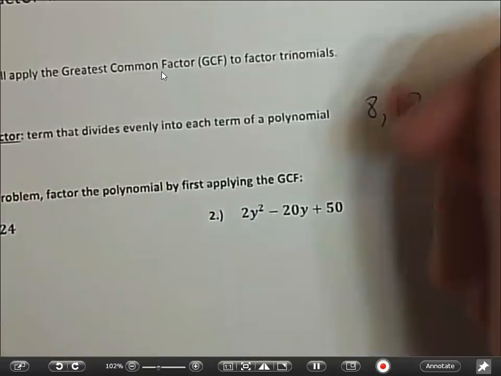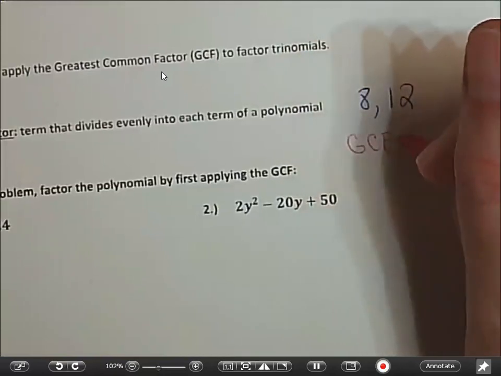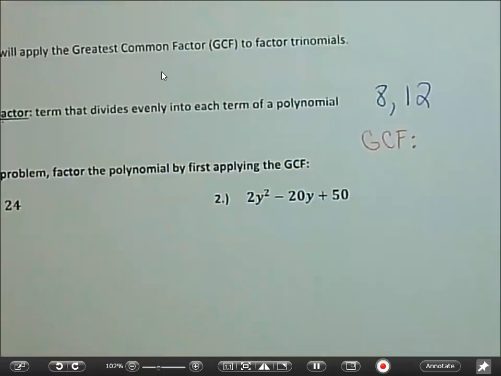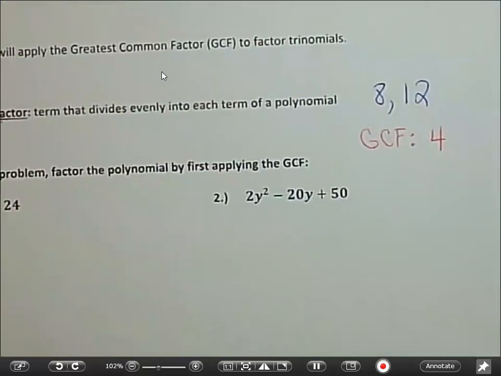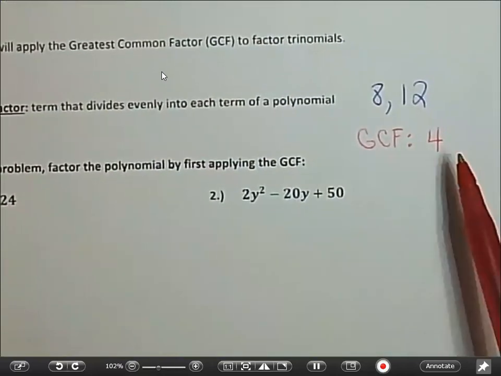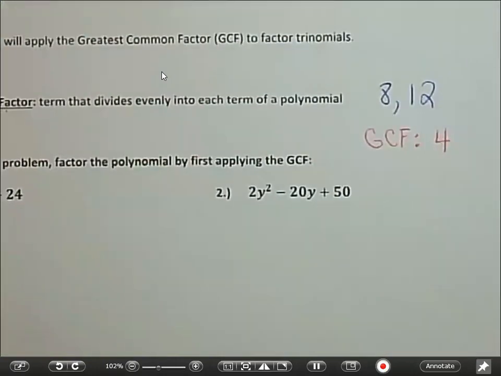Some might say 2, because 2 will go into 8 and 2 will go into 12, but there's actually something bigger. If you said 4, you would be correct. 4 is the largest number that will divide evenly into 8 and evenly into 12.